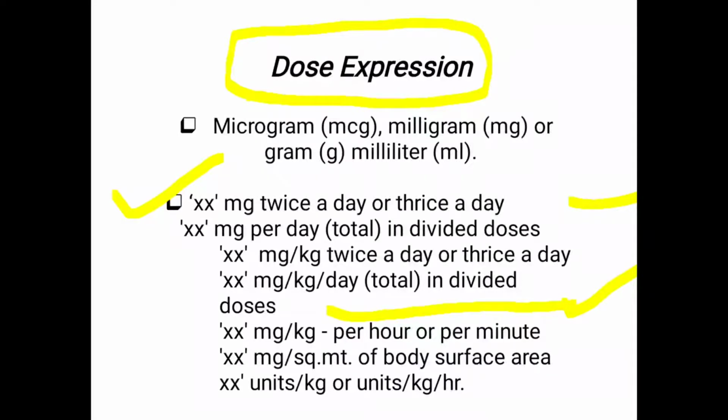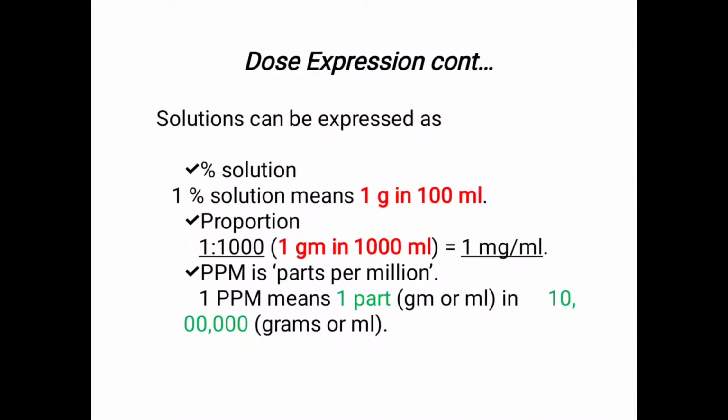XX mg per kg per hour or per minute; XX mg per square meter of body surface area; and lastly XX units per kg, where units are given, so we can use it like this. Next we move on. I will continue with how to express the dose.